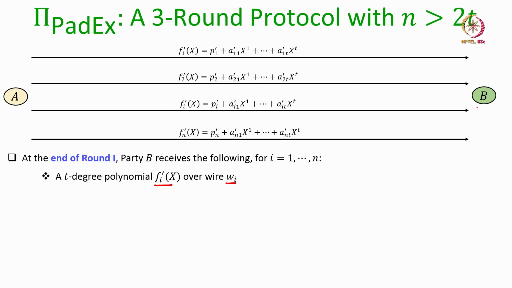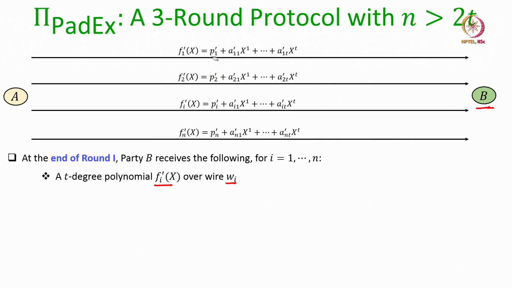But node B will not know whether the received value is the one which the sender sent or whether it is a changed polynomial. That is why, to differentiate it from the polynomial which A would have communicated, I am using this prime notation.